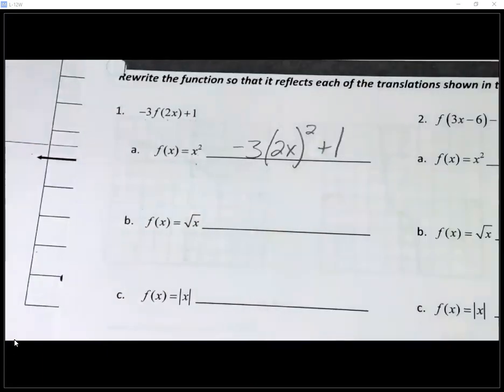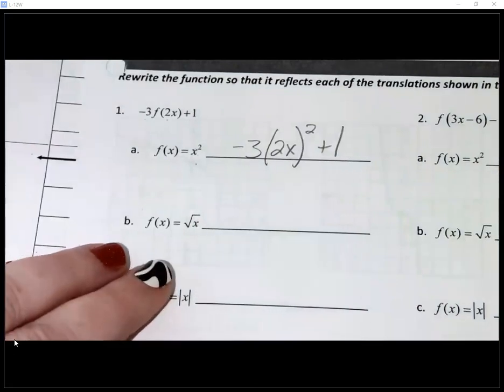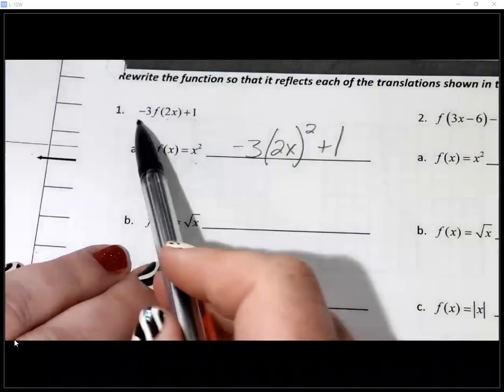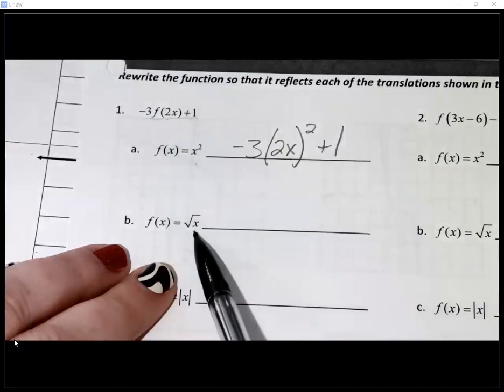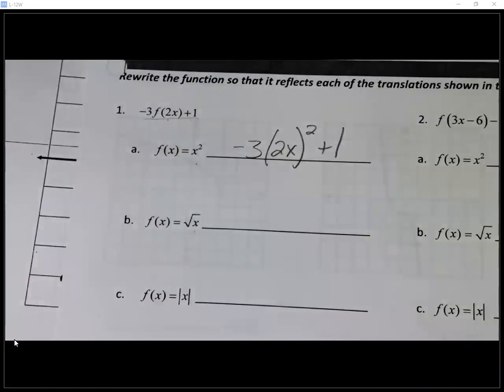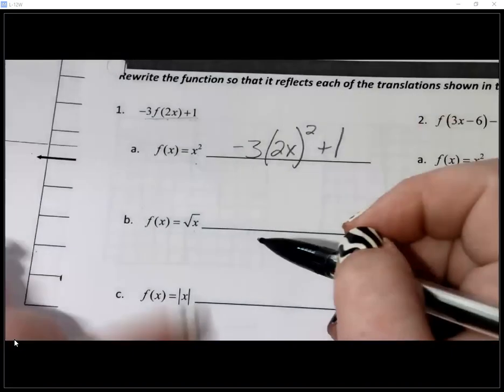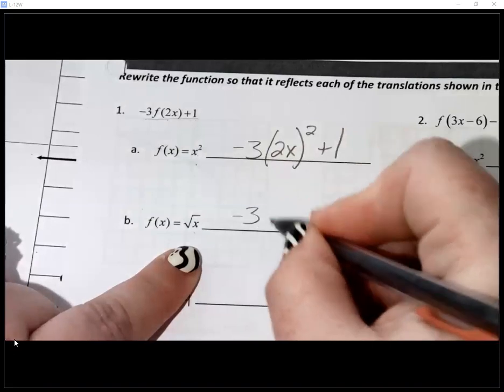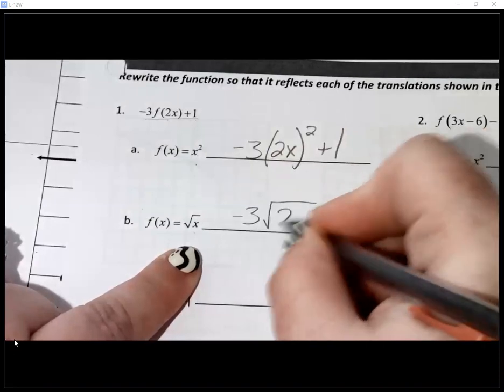Yep. So try it for part B. How would that look if these are the transformations you're doing on a square root parent function? So hopefully you arrived at that.